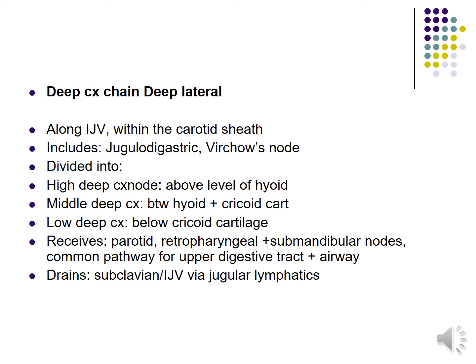The deep cervical chain of lymph nodes along the internal jugular vein within the carotid sheath includes the jugulodigastric and virchow group of lymph nodes, divided into the high deep cervical nodes above the level of the hyoid, mid deep cervical between the hyoid and cricoid, and low deep cervical below the cricoid cartilage.